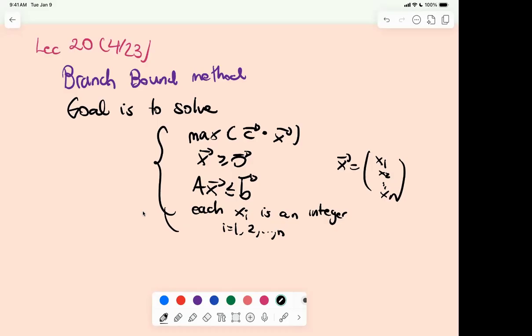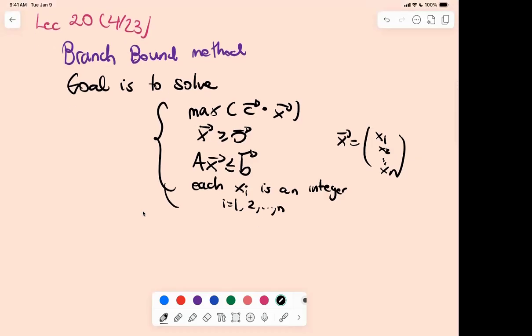Okay, so here are the steps. Step one is called the relaxation, because the idea is you are going to make the problem easier to solve. That's what you mean by relaxation in this context. To relax the problem, you just solve the problem without the integer conditions. So you drop the integer conditions, to use the simplex method if you needed it.